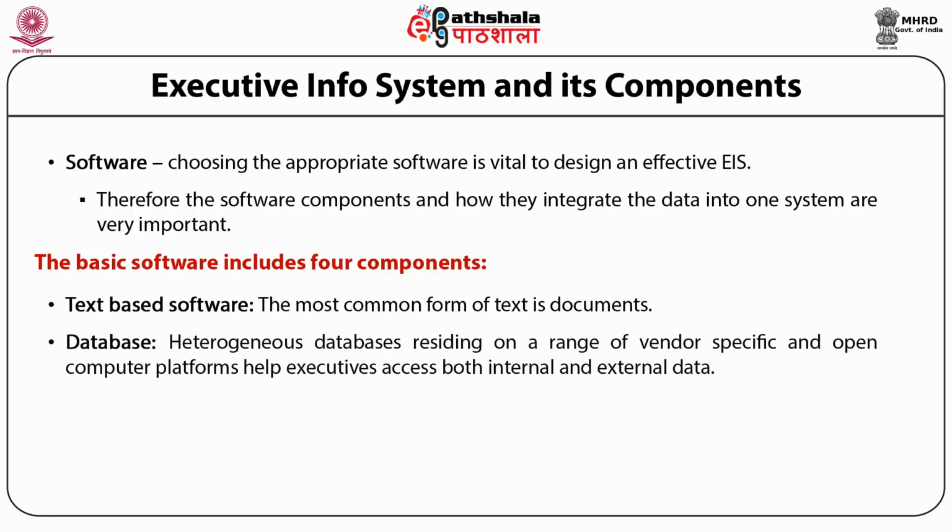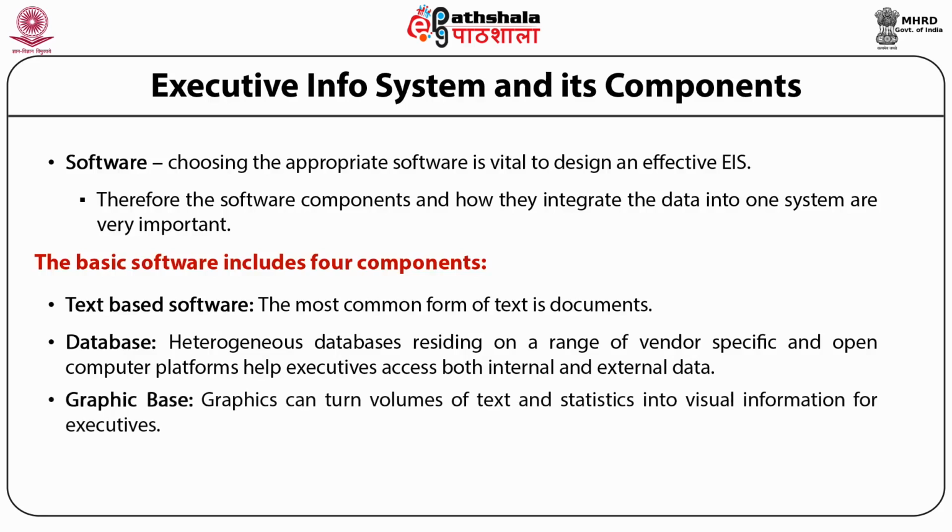Database. Heterogeneous databases reside on a range of vendor-specific and open computer platforms to help executives access internal and external data. The graphic base. It can turn volumes of text and statistics into visual information for executives.